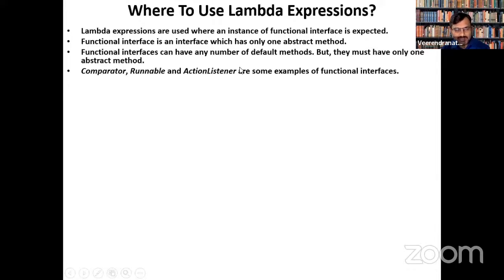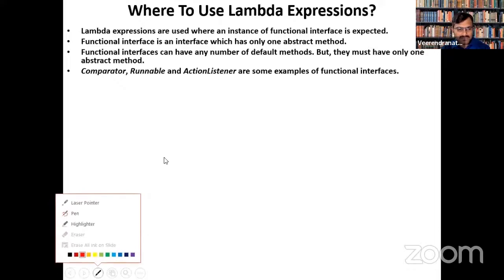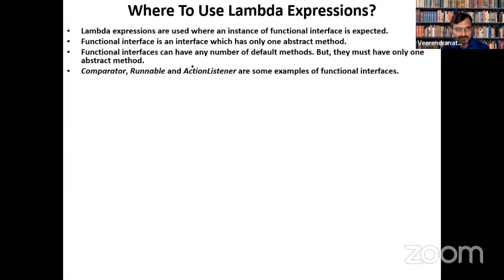Maybe if you are working in GUI programming, you might have gone through ActionListener, and when you are working with collections, you might have used Comparator. Runnable is more of a thread programming. Then how do I call them functional interfaces? Because they have only one abstract method.